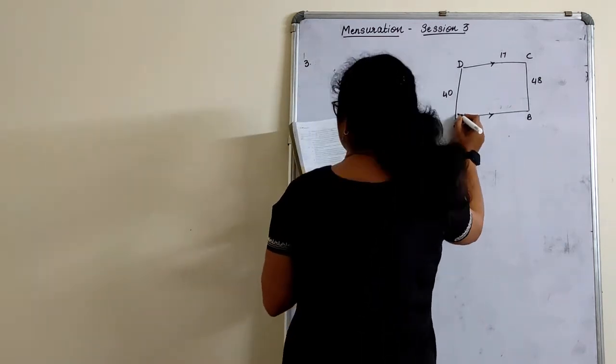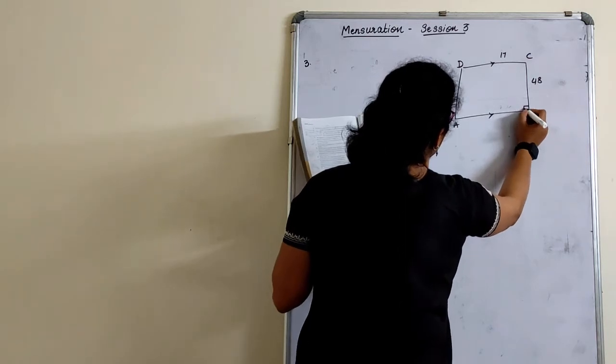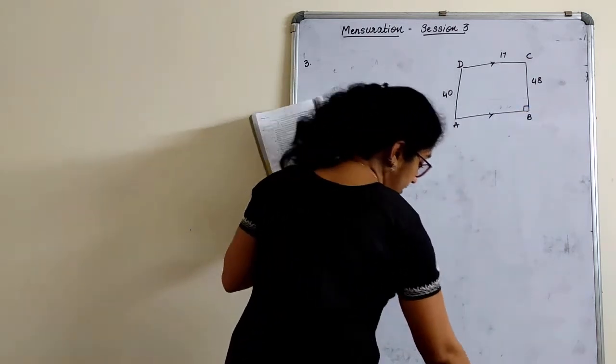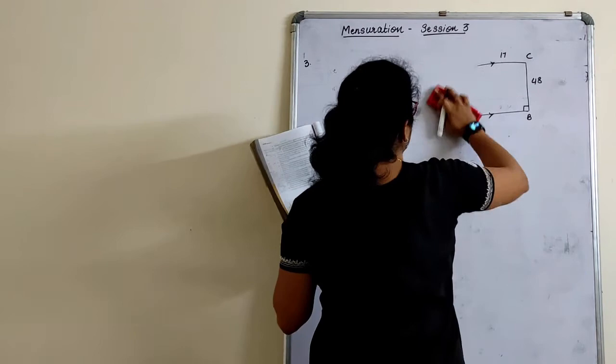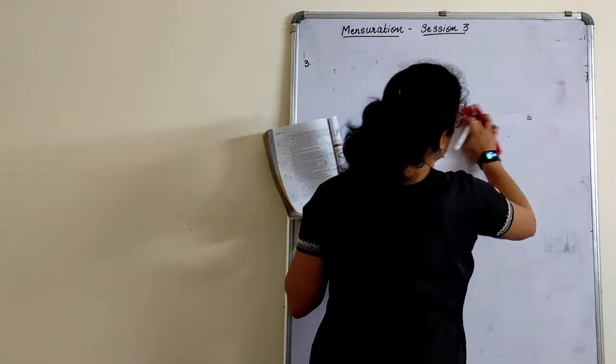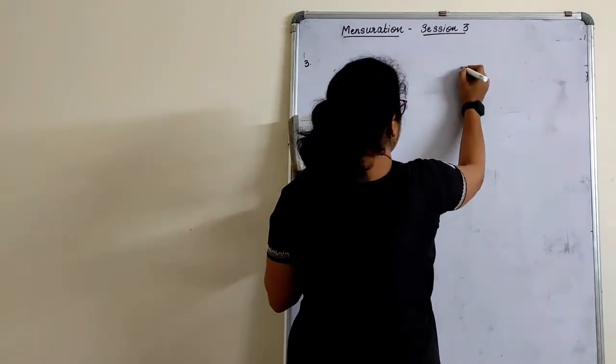This is perpendicular. AB is perpendicular to side BC. Okay, they have given the figure. Let's stick to that. So this is the figure given.